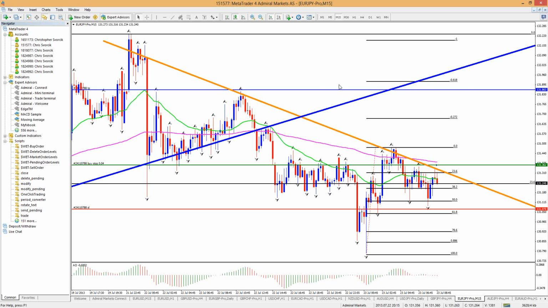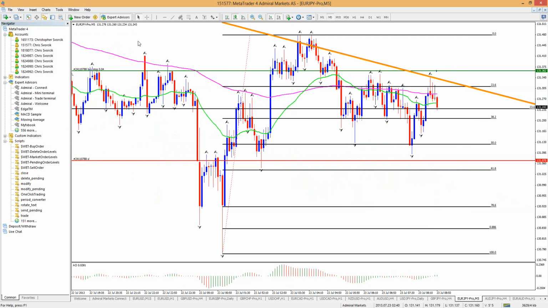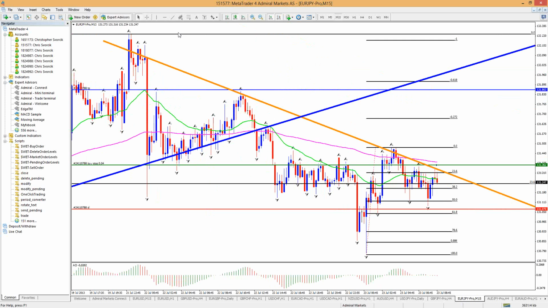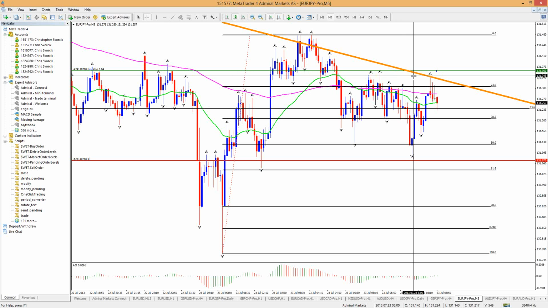And the entry of the trade, well, depends, of course. I would go 1 pip. Hopefully you have Admiral Markets, but if you don't, it depends on the spread, of course, that you have with that particular broker. But the idea is that the entry would be one or 2 pips above this high here, plus the spread, right?